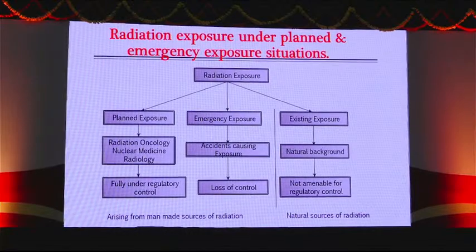If any accidental medical exposure happens, there is a loss of control and it causes an emergency exposure situation. On the other side, natural background radiation is an example of an existing exposure situation that arises from natural sources of radiation and generally is not amenable to regulatory control.